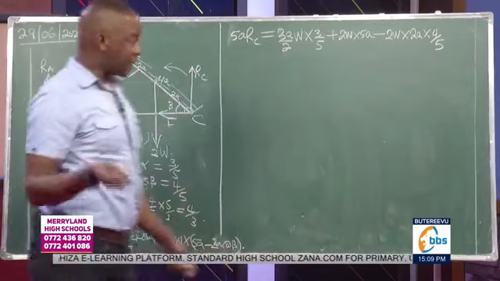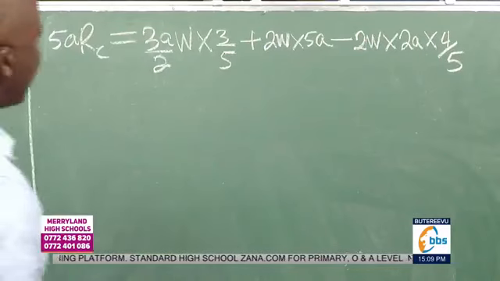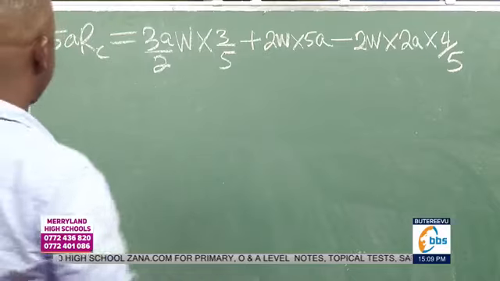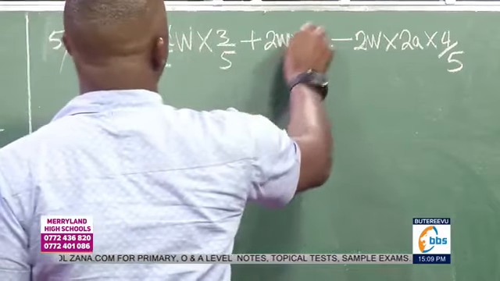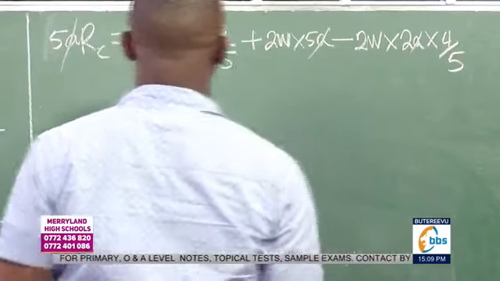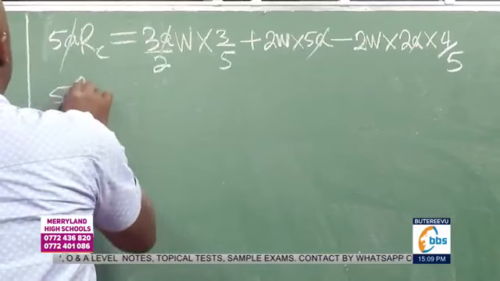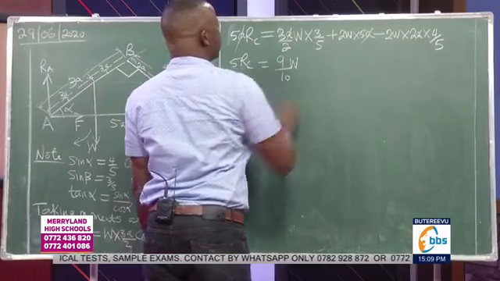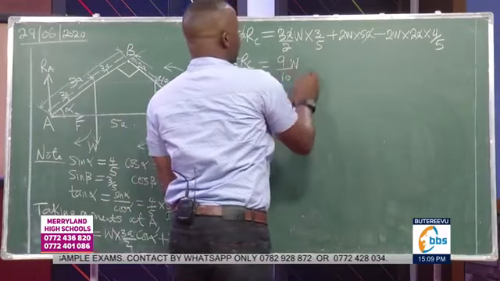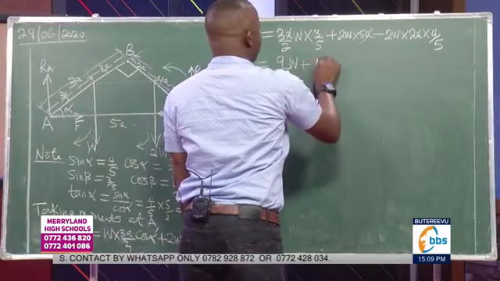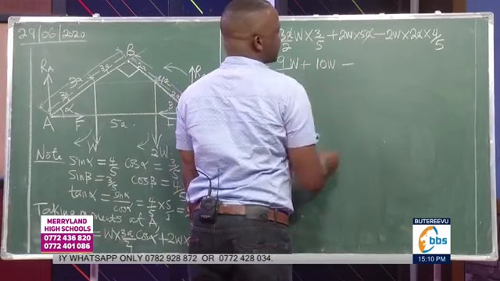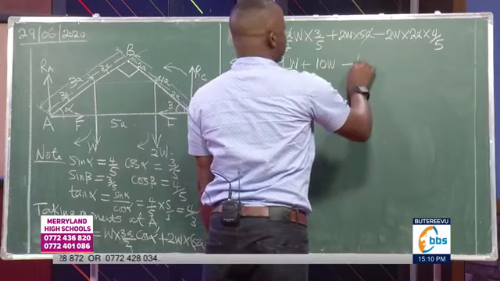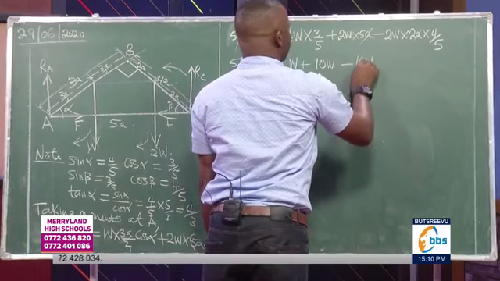Our interest is to get RC, so we can quickly compute this. I will eliminate A. A is common. And I will have my 5 RC being equal to 9 out of 10 W, 3 times 3, plus 10W minus 2 times 2 times 4, which is 16W out of 5.